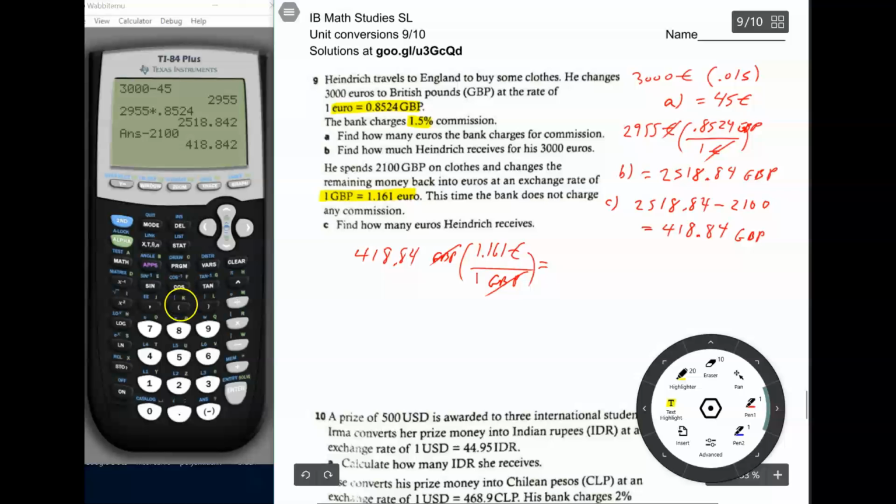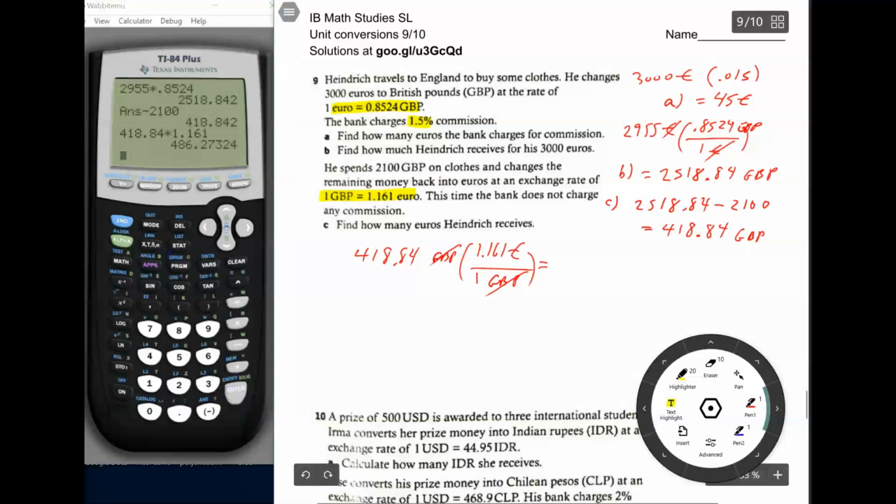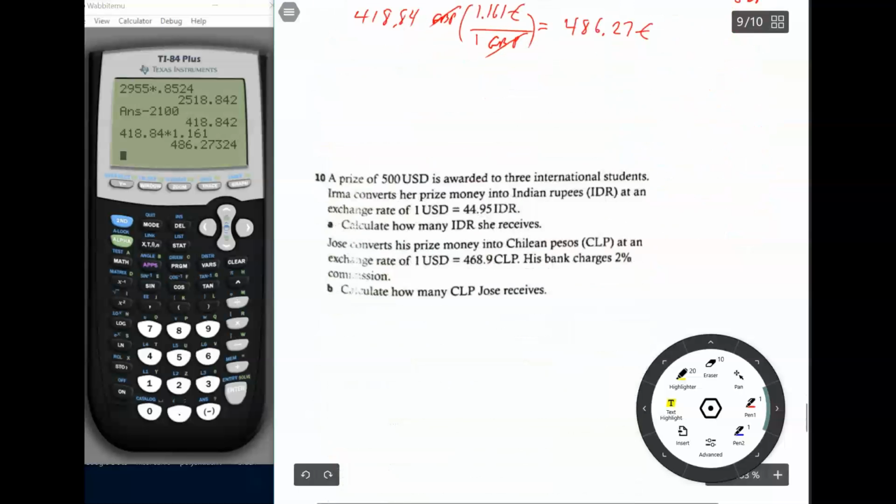Then I'm going to multiply the two top numbers, 418.84 times 1.161, which is 486.27 euros. That's it for that one, because the bank didn't charge any commission. Nothing to subtract out there.